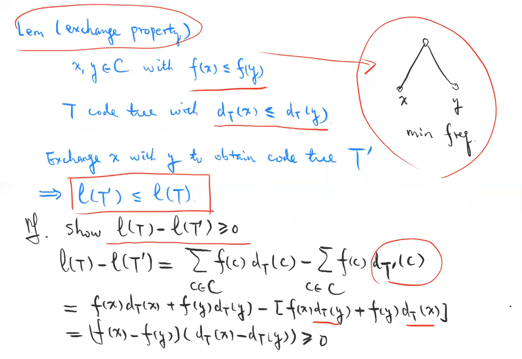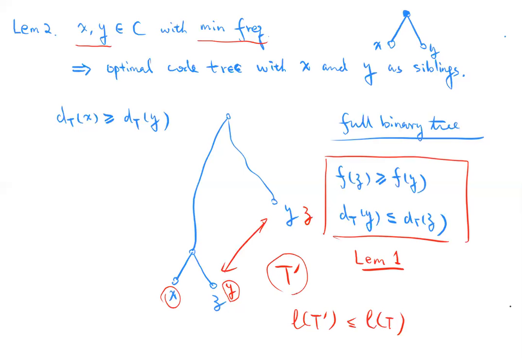With the exchange property, we can indeed make two characters of minimum frequency siblings. Putting them together, we can then use induction to show the algorithm works.